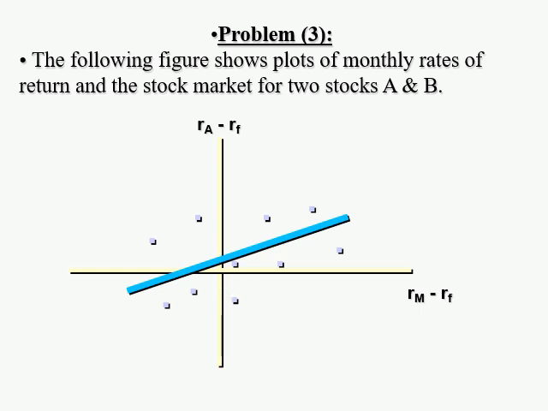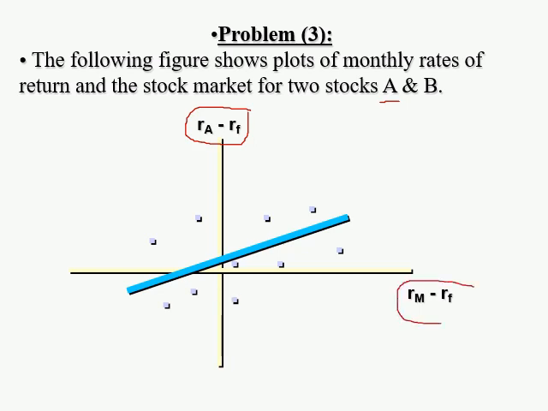Problem 3. The following figure shows plots of monthly rates of return and the stock market for two stocks, A and B. That is the security characteristic line of stock A. This is the excess return. The excess return equals RA minus RF, or the return of stock A minus the risk-free rate.